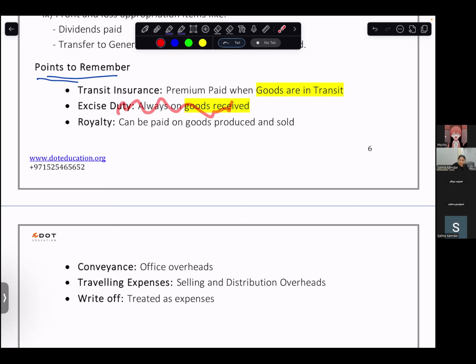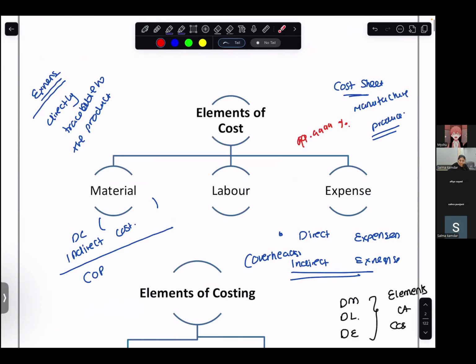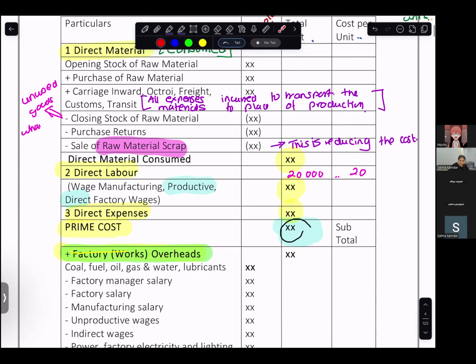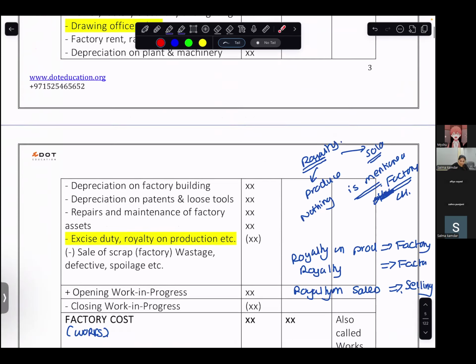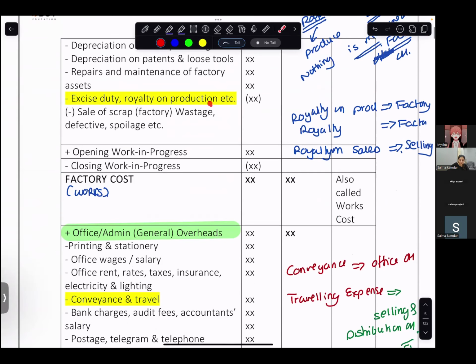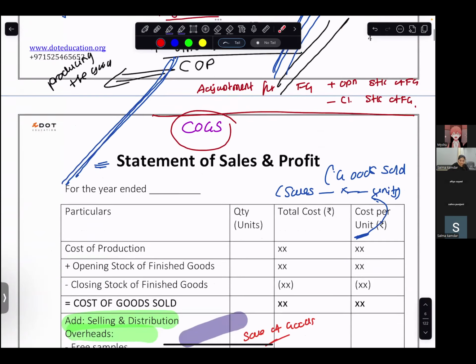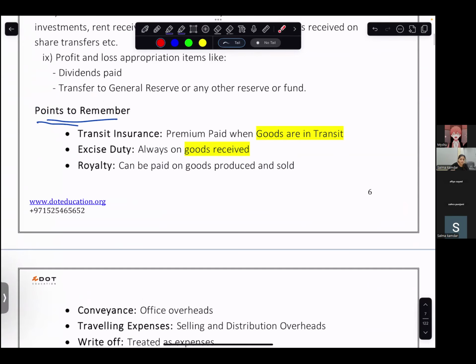Raw material means in the direct material. Sorry, excise duty is always in factory overheads on the goods produced. Okay? These are the things which you tend to forget, so you memorize it.